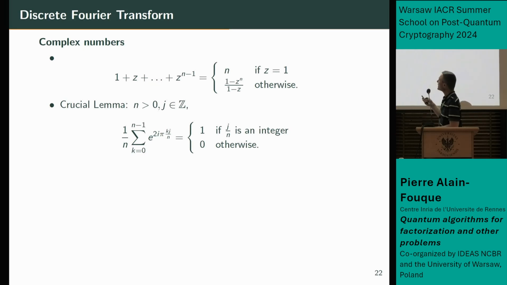What is important is this lemma, called the crucial lemma. If I divide this value by n, I get 1 in the first case, when j over n is an integer, because here I will have only 1, and I divide by n, so it will be 1.